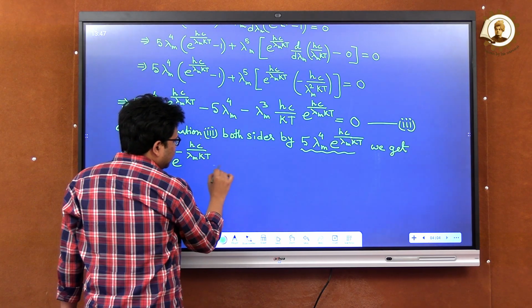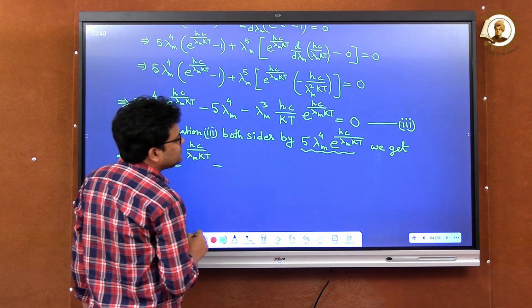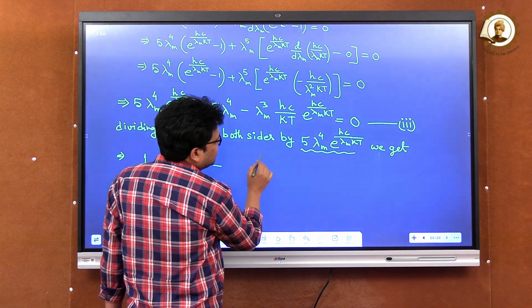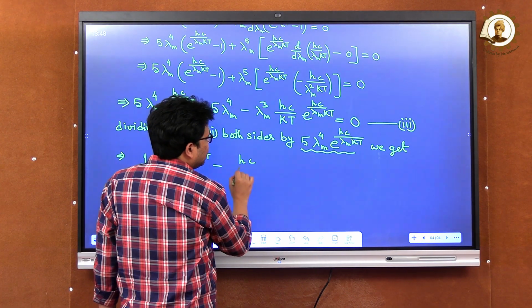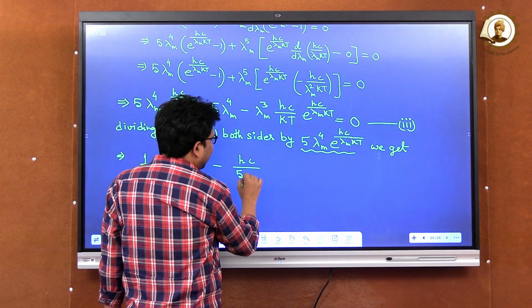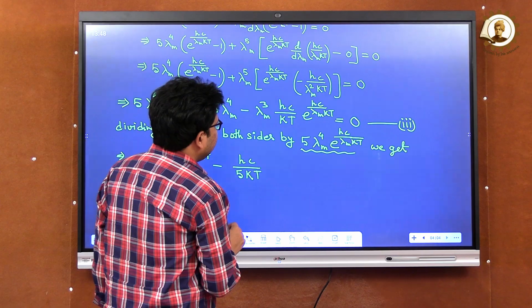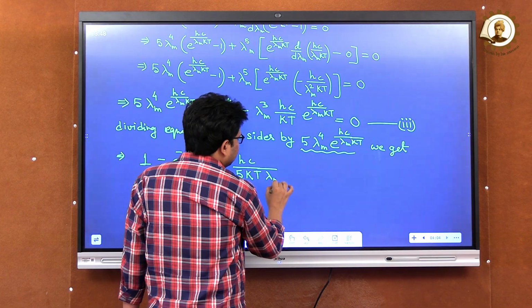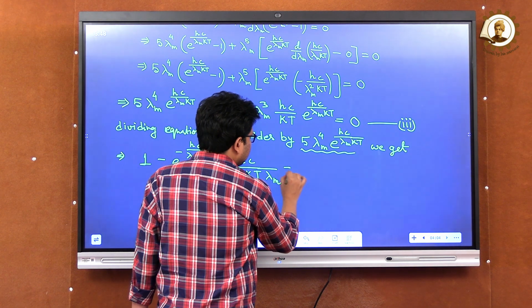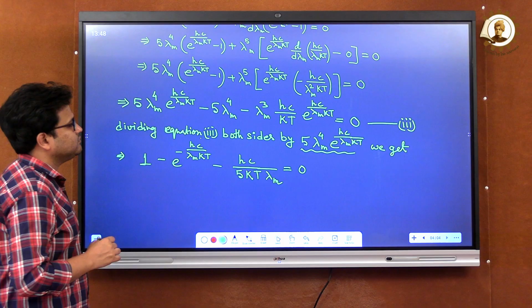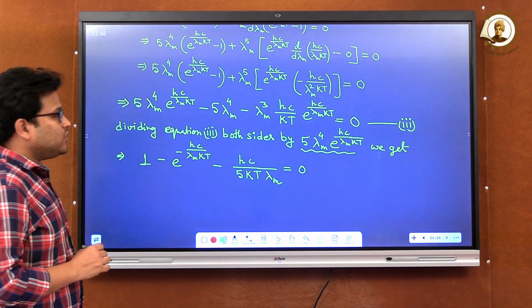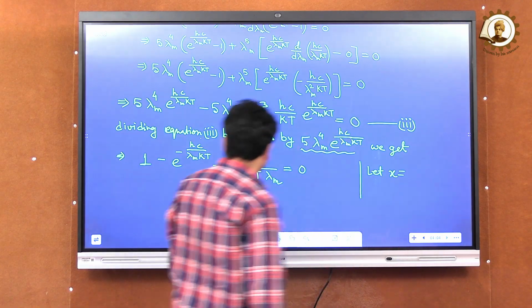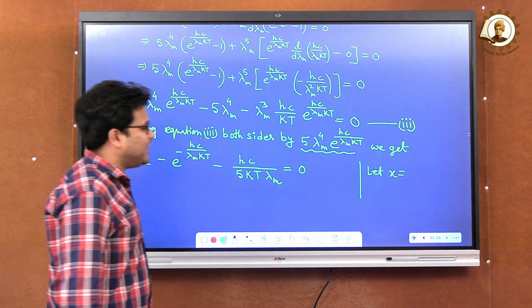Now what about the third term? If we divide it, then I guess it is hc by 5 kt into lambda m, which equals 0. Here we are taking x equals hc by lambda m kt.